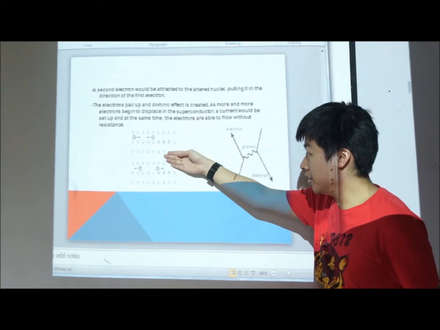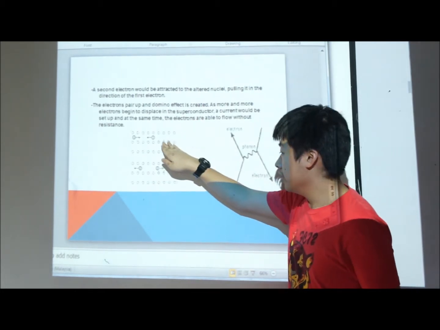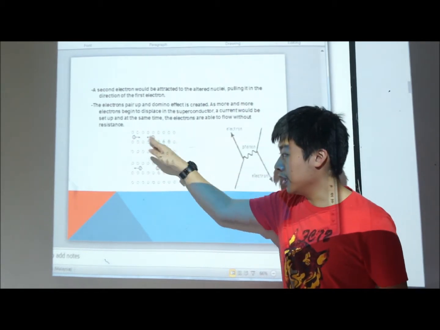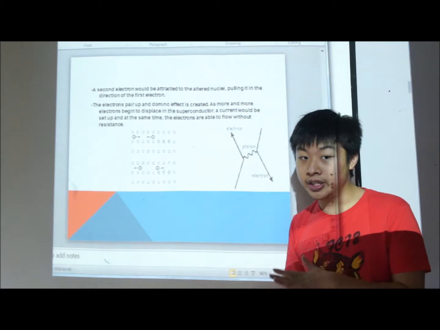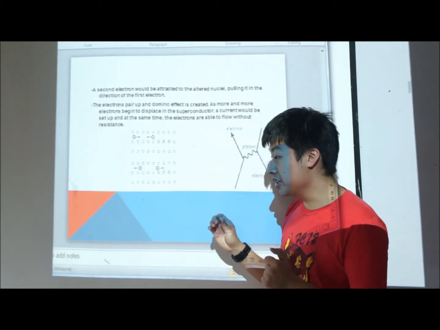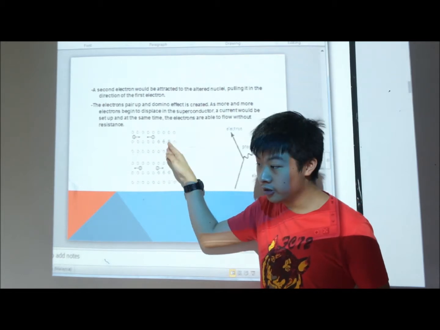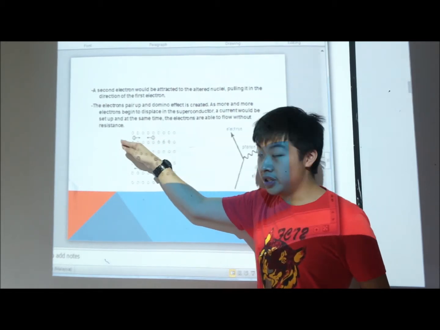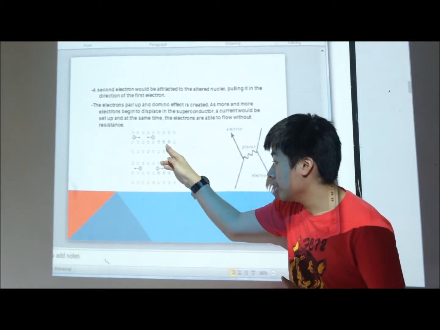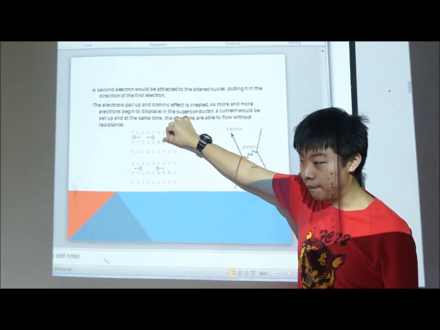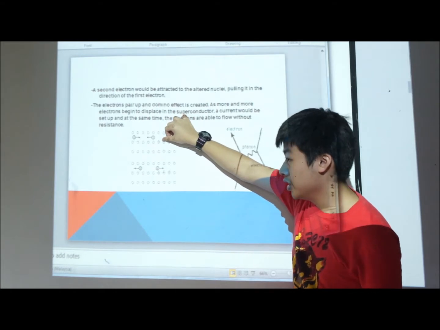The diagram here shows a flat lattice. Usually electrons repel each other, but in this case, when an electron moves past a lattice, this shows only two. When it goes this way, it pulls up this lattice right here, the positive force.